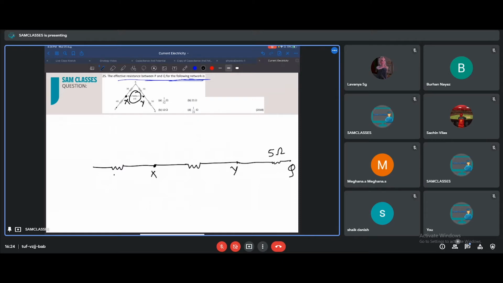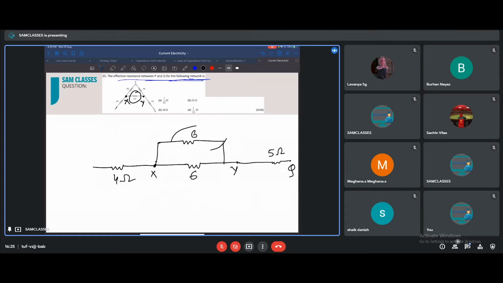Now from X to Y, there is a separate connection going 3, 1 point R, and again 1, 3. Correct? Clear? We all know these two are in series. So I can just replace these two and make a 6 here. Yes or no?